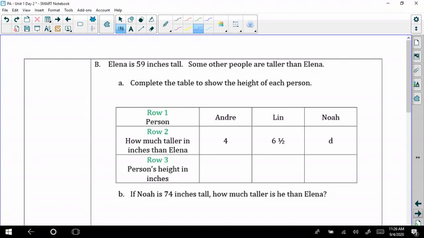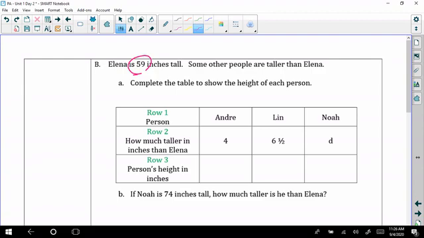Letter B here, Elena is 59 inches tall. Some people are taller than Elena. Complete the table to show the height of each person. Okay, so Elena is 59 inches tall. Some people are taller than Elena. So the person, Andre, how much taller in inches than Elena?